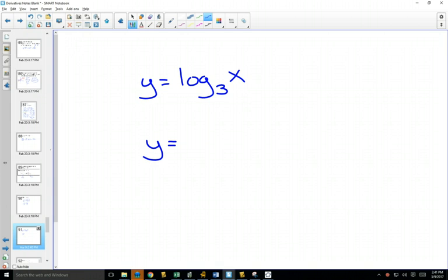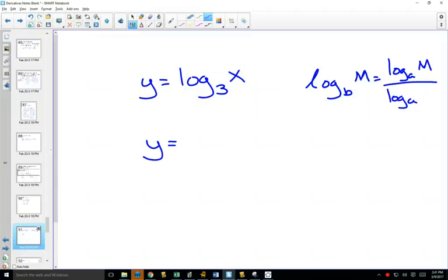So if you use the change of base theorem, which is still up on the board over there: log b of m is equal to log a of m over log a of b. I might have switched the letters. Yeah, I did. But the letter switching doesn't matter.